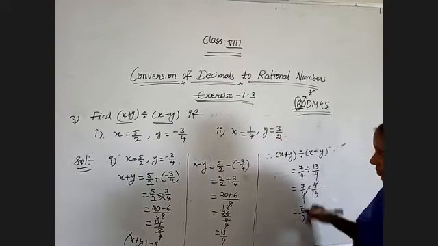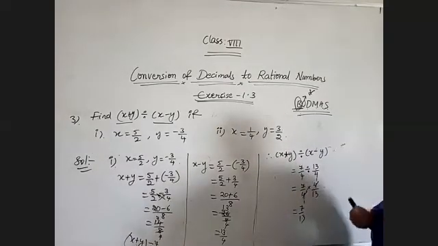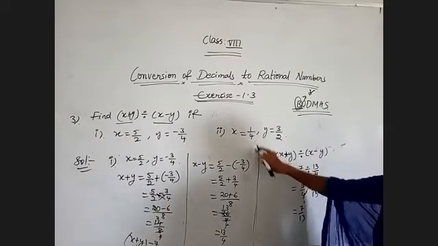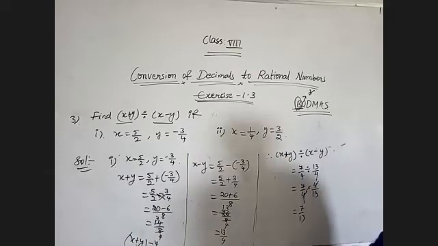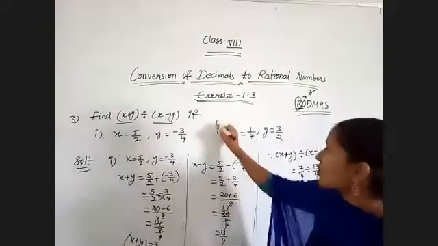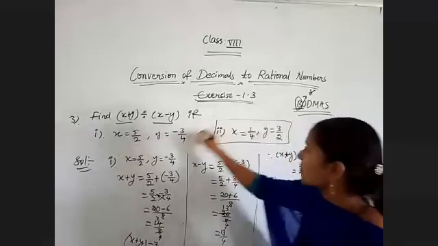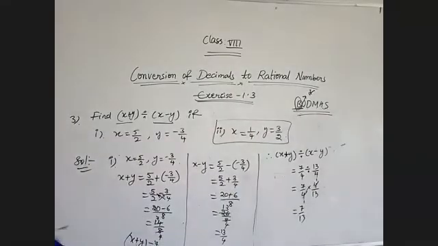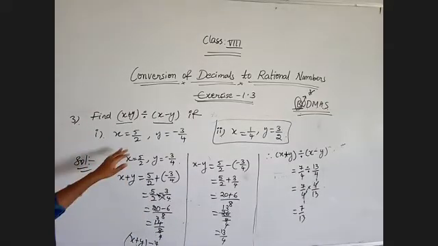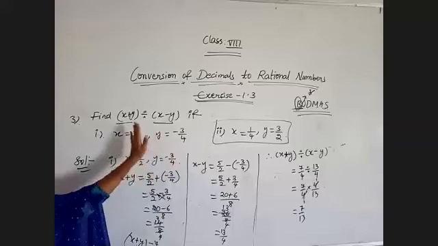So now try the second problem yourself. Okay. So first problem like this we have done. Try this problem yourself. Now coming to, once again I am explaining, x and y values are substituted in the given question. That's all.